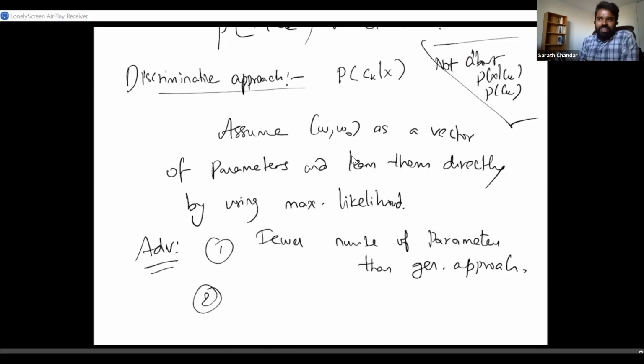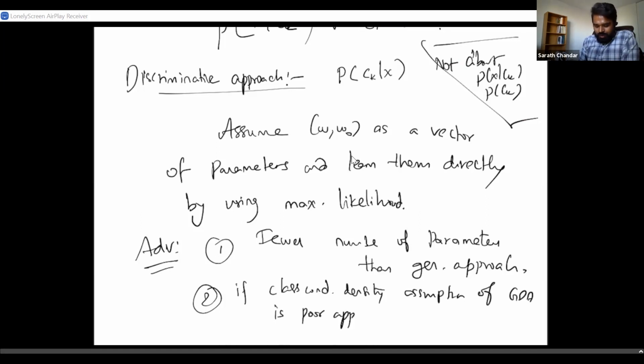Similarly, you would get improved performance if the class conditional density assumptions of generative models are wrong. If the class conditional density assumption of GDA is wrong or a poor approximation, then the discriminative model will perform better.